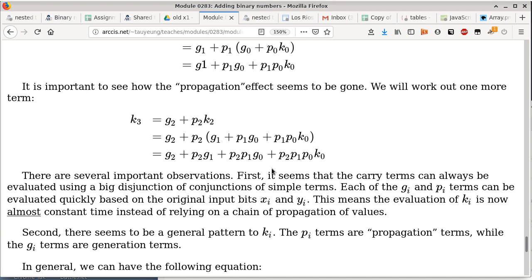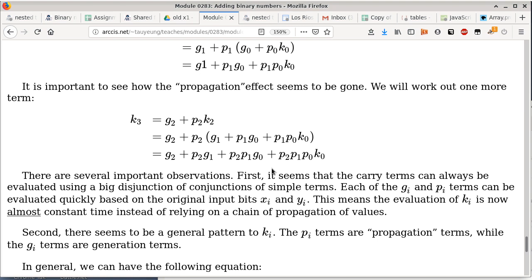So you're still cascading. You still have a ripple effect. It is just that you're not using the ripple as a normal carry ripple adder, but as the index i increases, you're still making that chain longer and longer.